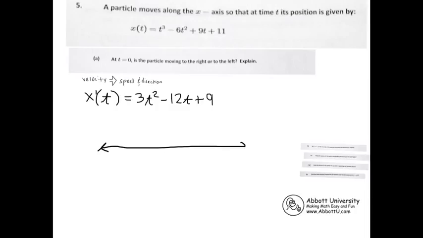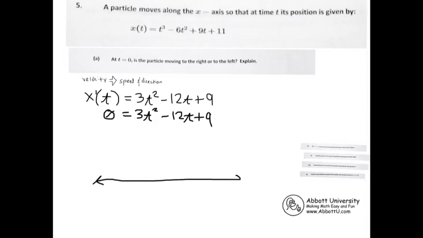The critical values are found by setting this function equal to 0 and then solving for t. So if we want to know whether the particle is moving to the right or to the left, the first thing to do is find the critical values.